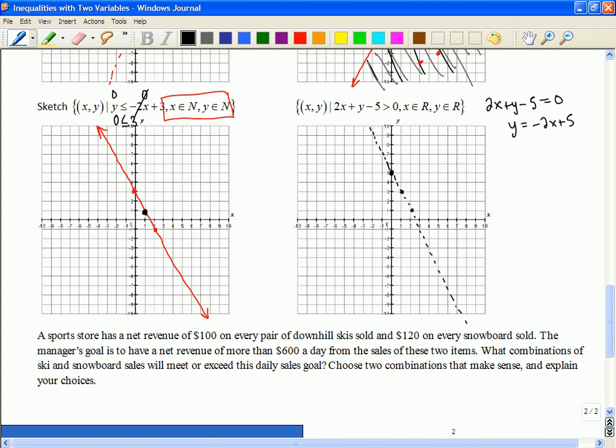Okay, so there's the part I think most of you guys are probably okay with. I want you guys to work on the shading. There's your constraints in there. Let's finish this off then, gang.